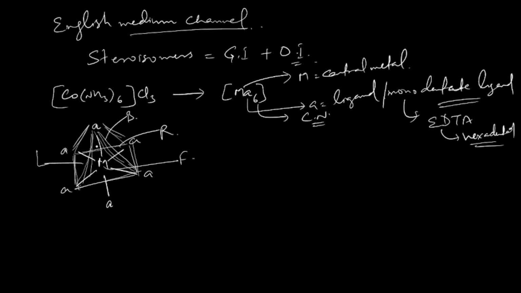So how many faces are there? Upper side: 1, 2, 3, 4. Now below we have to see. This is the front side face, this one is the right side face, this one is the front side, and this one is the left side face.